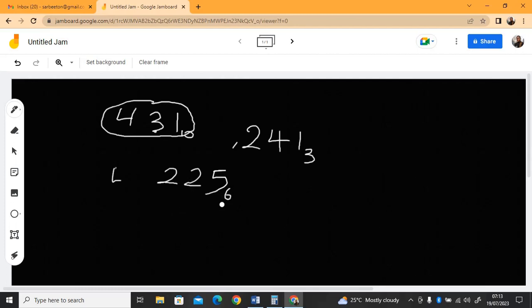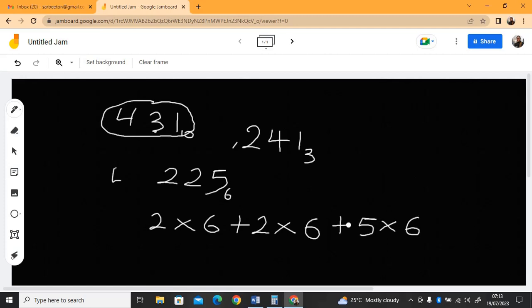If you want to expand it, you are going to use this 6 to multiply each of these numbers. Because it's in base 6, it's going to be 2 times 6, then append means you add the other one: plus 2 times 6, plus 5 times 6.